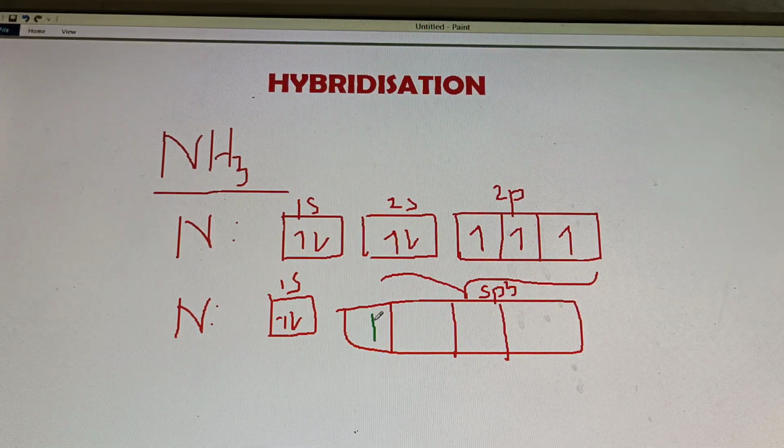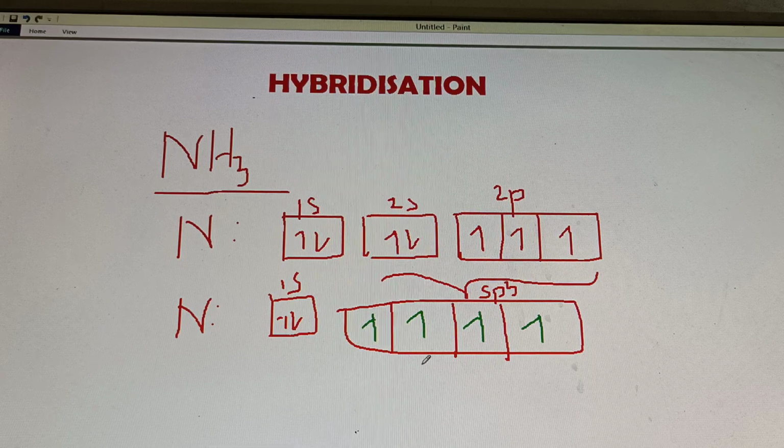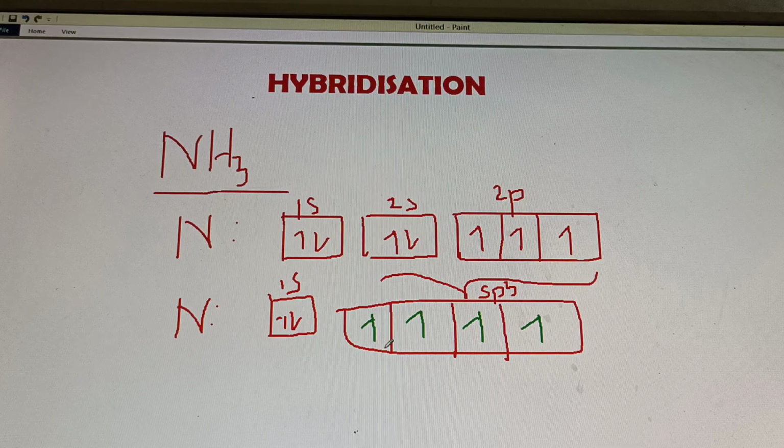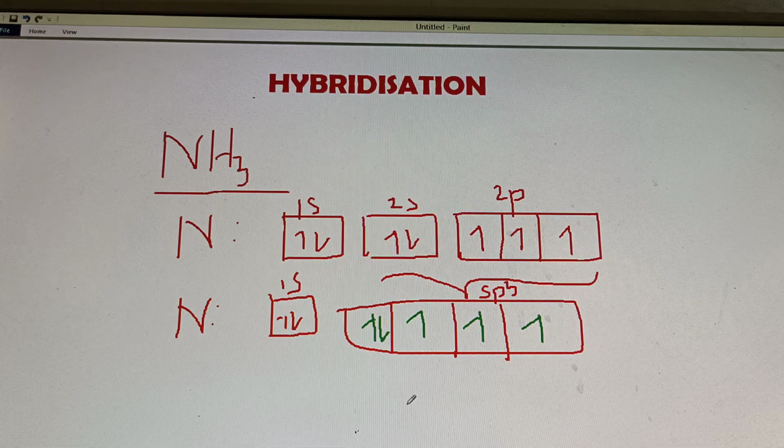Following Hund's rule, at first the electrons occupy singly, 1 2 3 4, then the excess electron will be paired.